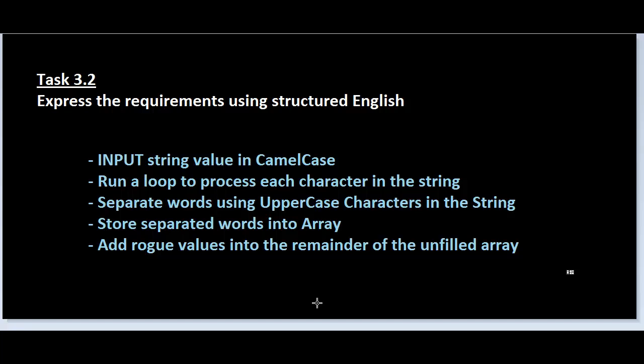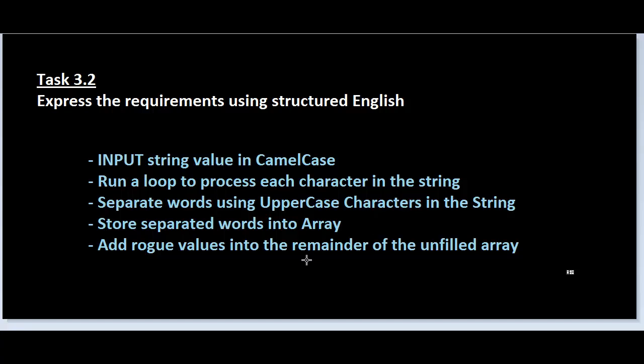First, as we can see in our solution, we are going to input a string value in CamelCase. Then we are going to run a loop to process each character in the string. After that, the words are going to be separated based on the uppercase characters within that string. Once you've separated the words, they are going to be stored in the array.